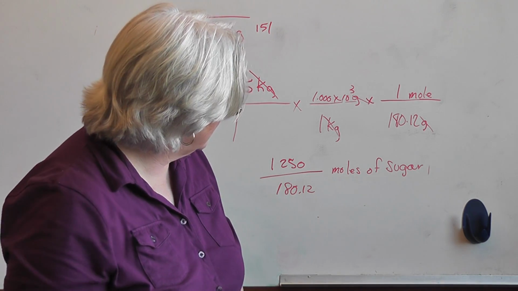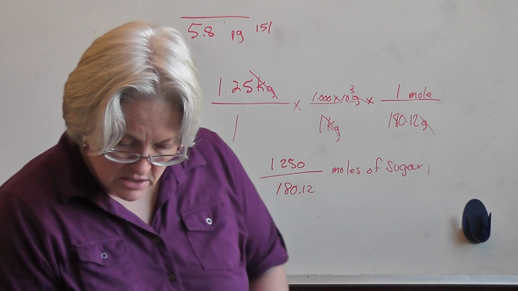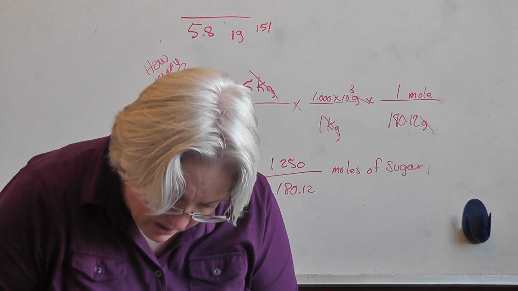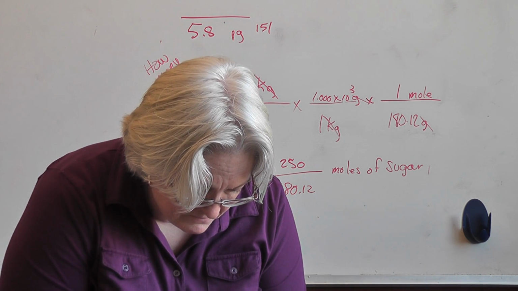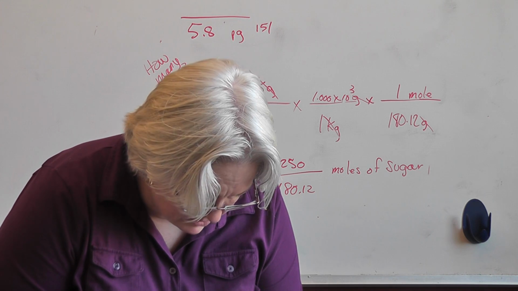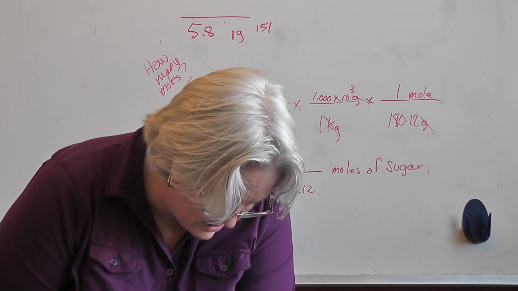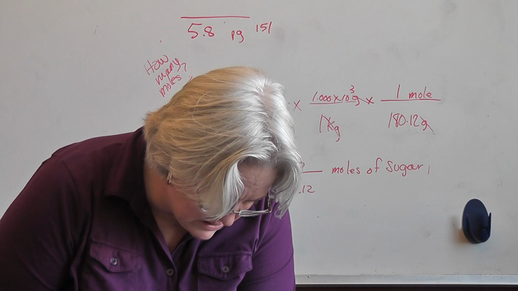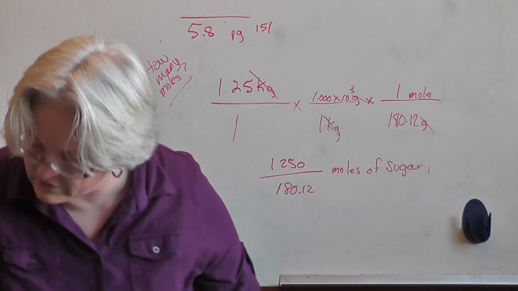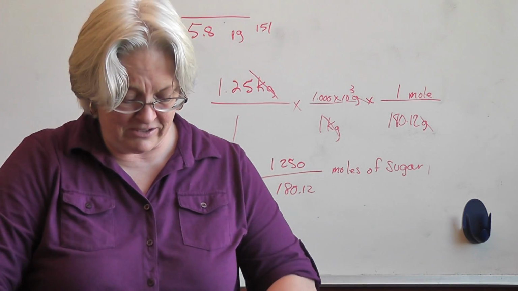So let's go ahead and do our calculation. 1250 divided by 180.12. I'm looking for the problem that this is, since I don't have a good calculator. Actually, I do have a good calculator handy.